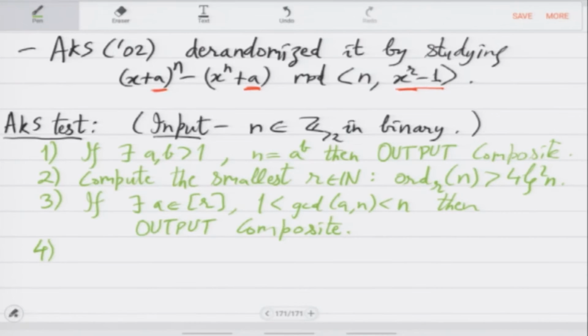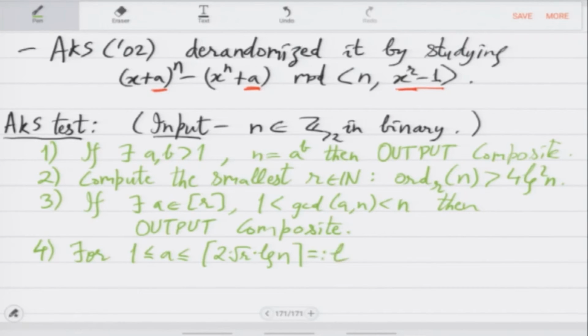Now comes the bulk of the proof, the bulk of this algorithm. It will check the (x + a)^n identity for all the a's. Again, something unmotivated at this point, 2 square root r log n, these many a's.